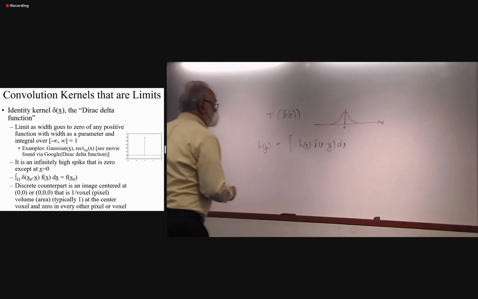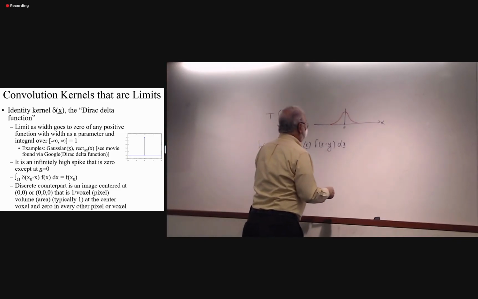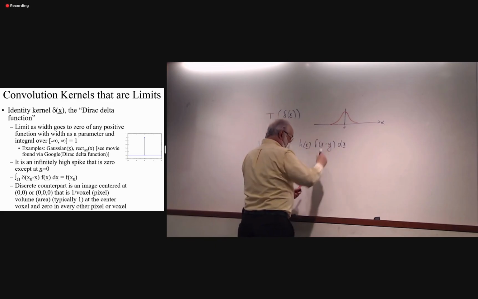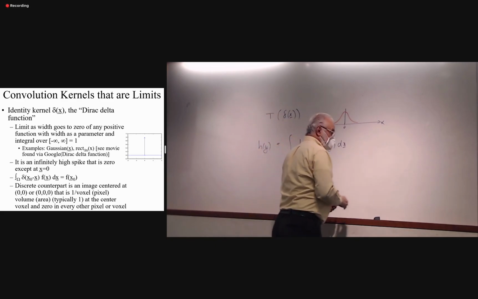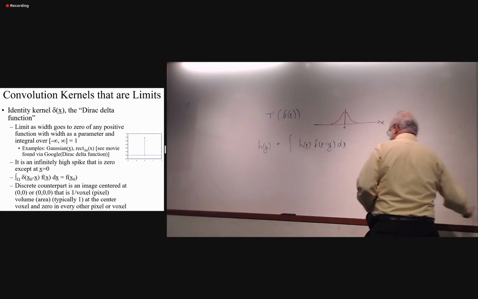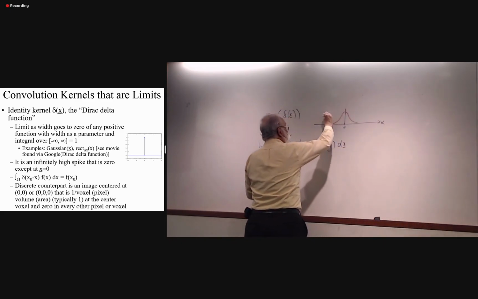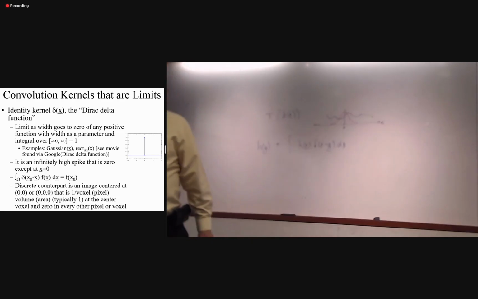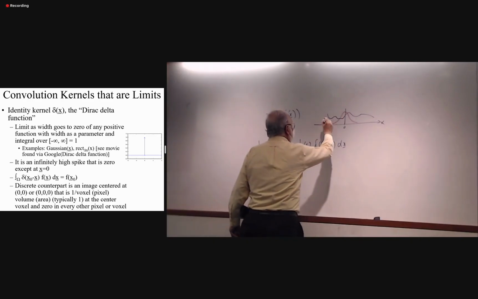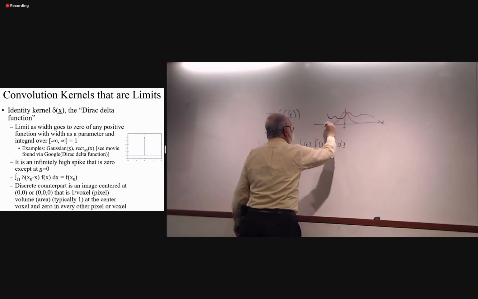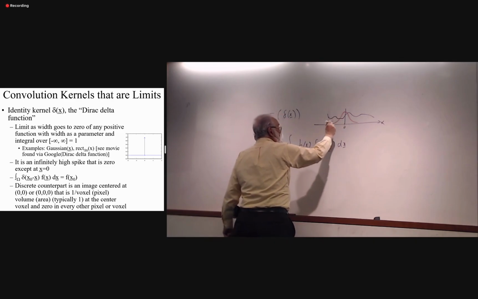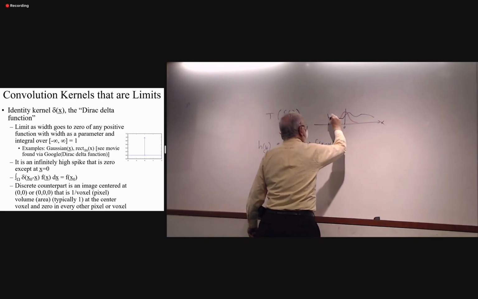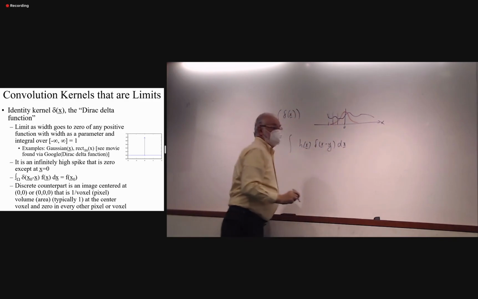So that's fine. But now consider what happens when you have an input which is some image values. Well, this can be understood as this much times an impulse here, plus this much times an impulse here, plus this much times an impulse here.